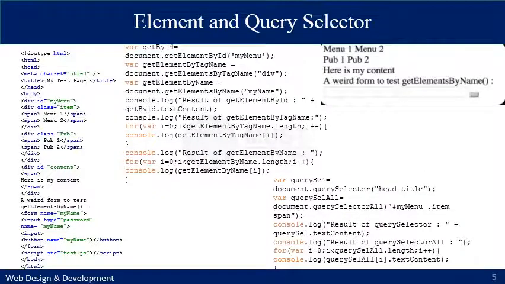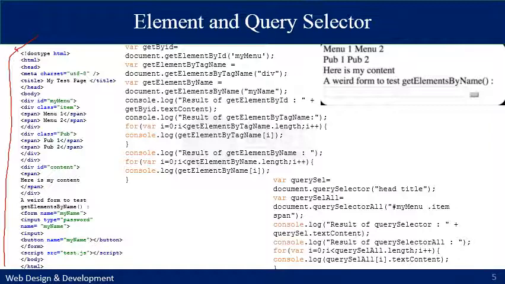So this example shows the element and a query selector, that is, how you can access the elements using the DOM object model. Here is an HTML file. It contains an HTML tag, a head tag and a body tag, and in the head tag there is only a title.